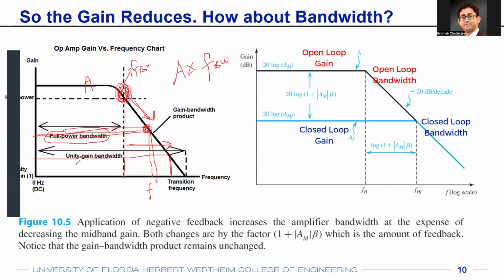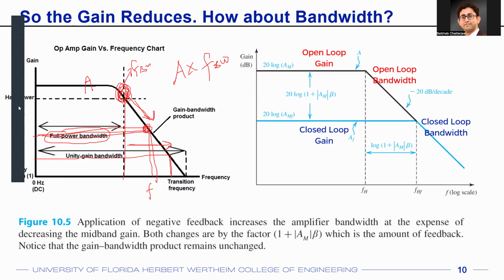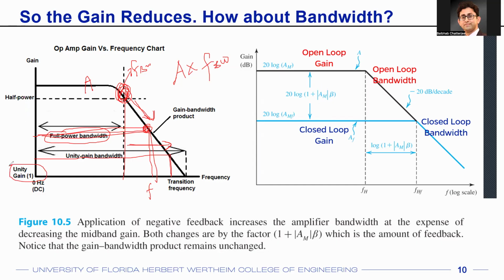Now, what would that mean is that there would be a frequency where your gain will be equal to 1, right? On the right-hand side, there would be a frequency when your gain will be equal to 1, and that is called your unity gain frequency. Because if you just extend this curve toward the right-hand side, there would be a crossover point with the x-axis here, where this x-axis represents a gain of 1, which is equal to 0 dB.